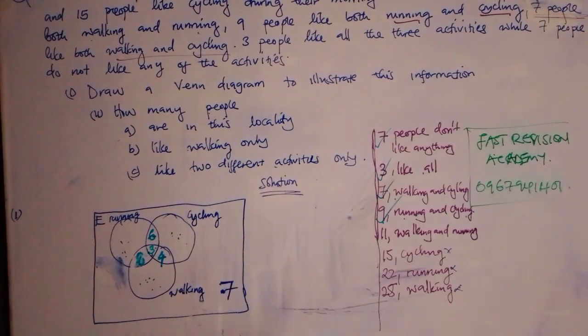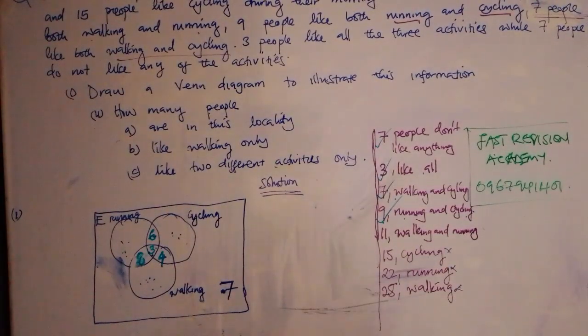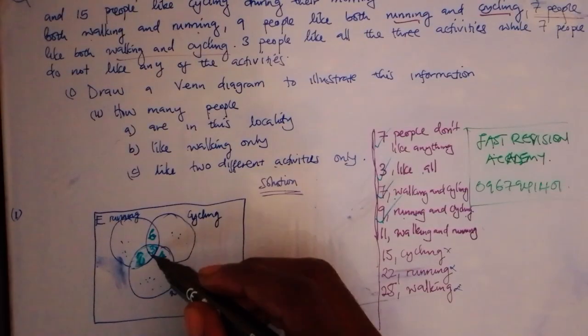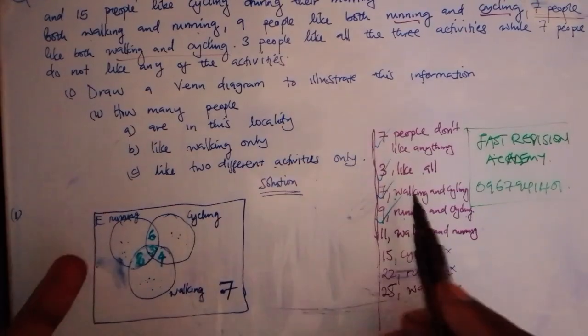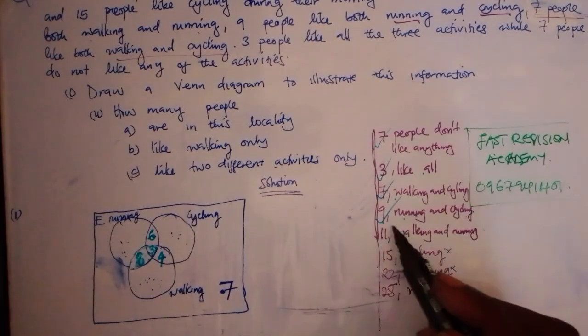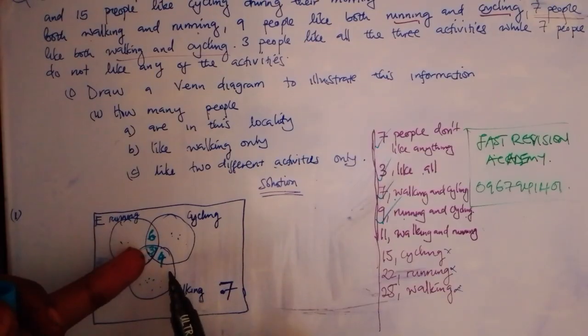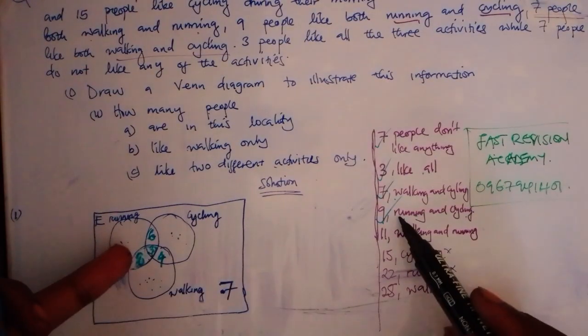So meaning if we say how many people liked walking and learning, we are going to say we have what? These people. So these people liked what? Learning and walking, which are 11. Again, when you say how many people liked learning and cycling, so these are the people who liked learning and cycling. 6 plus 3, which is 9.